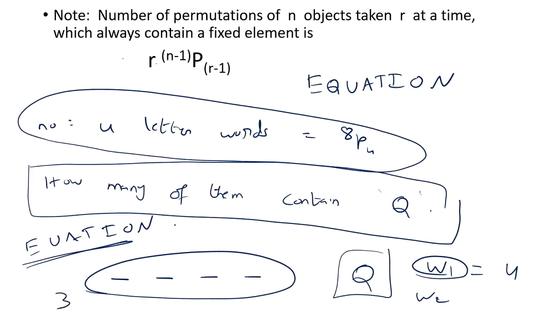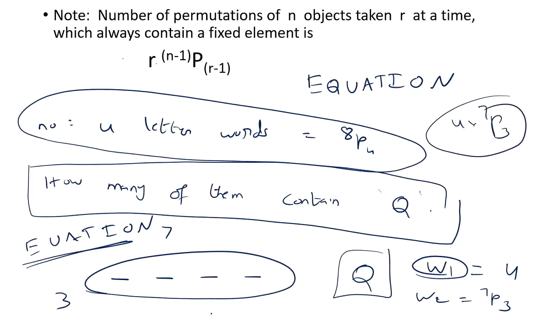We will be left with 7 letters and 3 places. Therefore, the number of ways of completing W2 is going to be 7P3. Now the total number of ways of completing the work is going to be 4 times 7P3. So this is the answer.